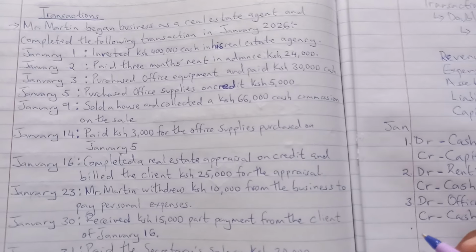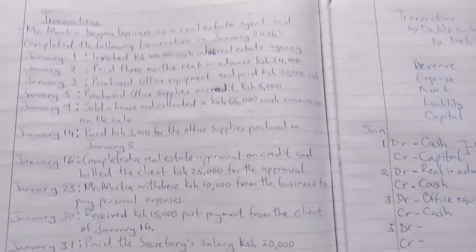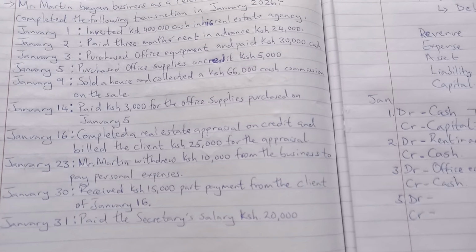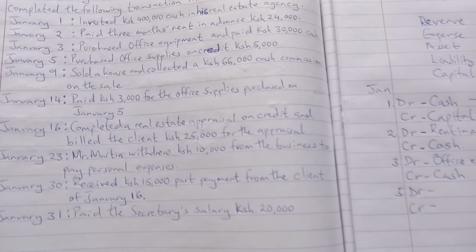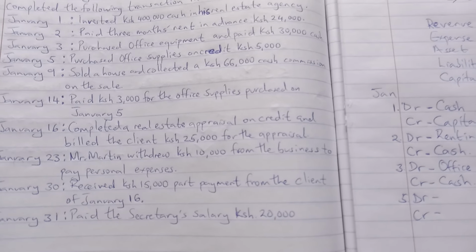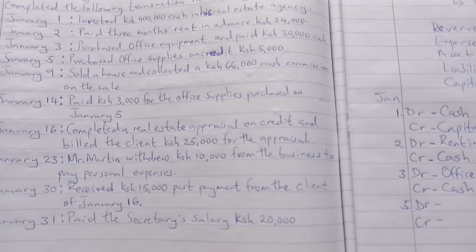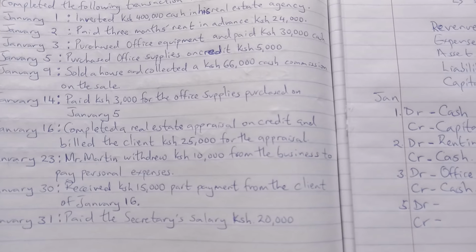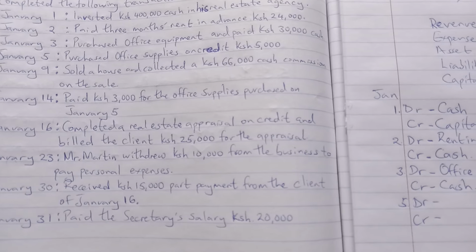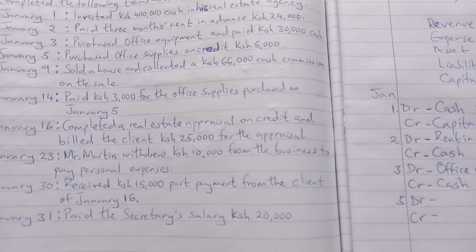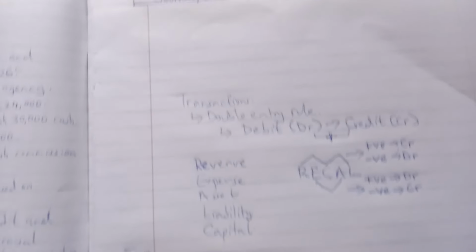So we move to the other transaction, January 5th. Of course, there will be a debit and a credit. January 5th, purchased office supplies on credit, Kenya shillings 5,000. So the moment you do something on credit, you involve people who are normally called creditors. So the person who sold these office supplies to us is our creditor.